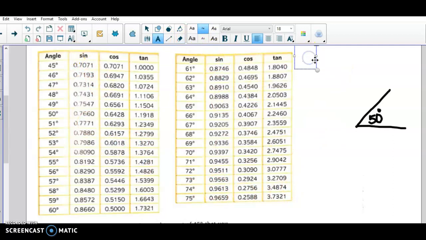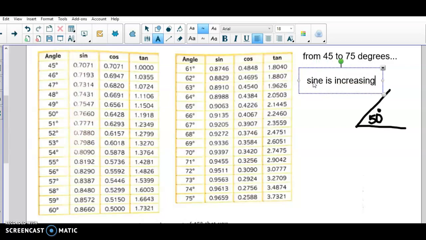Let's write that down. Sine is increasing from, let's say, 45 to 75 degrees. What's happening? Sine is increasing. And what's happening to our cosine? Our cosine starts the same, but then look at it. It goes down, down, down.